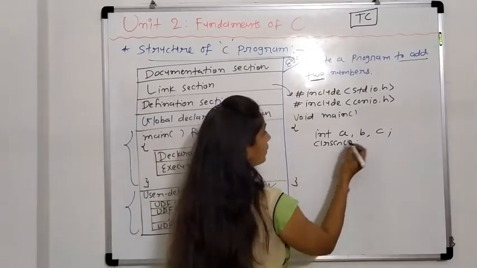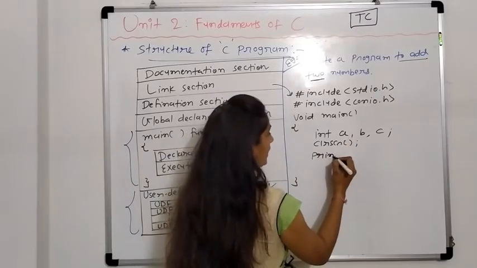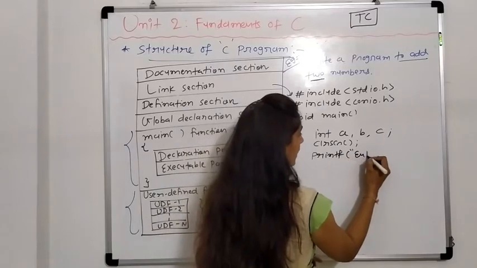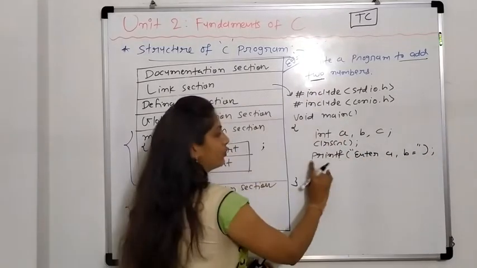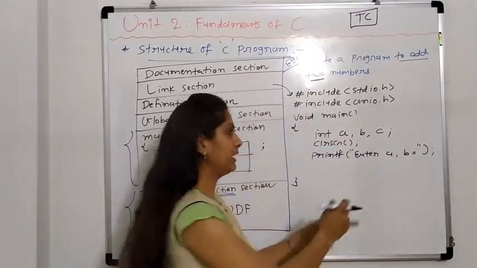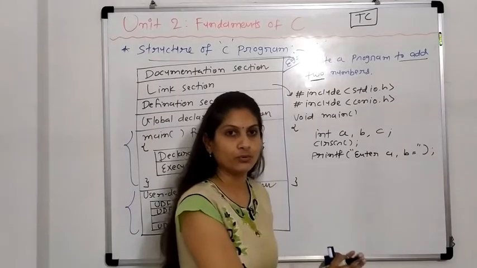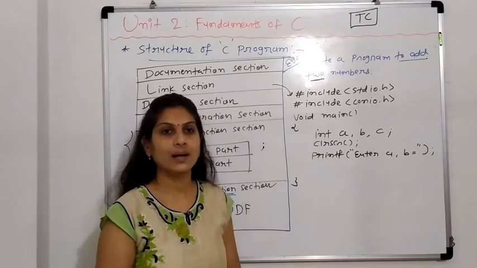Now you have to input these two values. For that you have to write printf, enter a comma b. What does printf do? Whatever we write in double inverted commas will be displayed on our output. So the line displayed is enter a comma b.